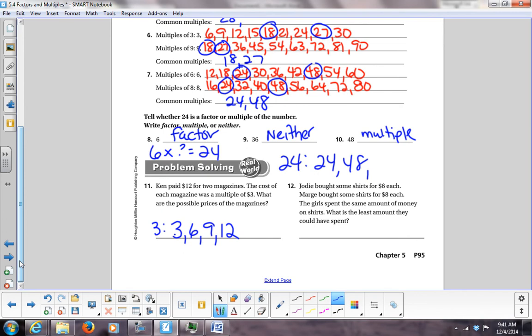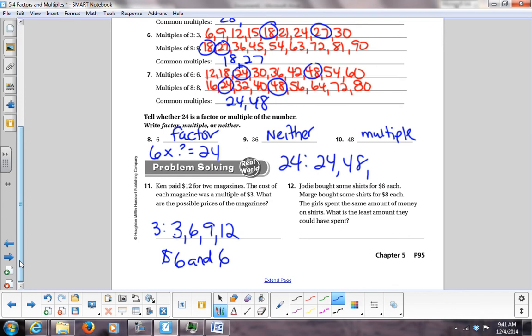So what are my possibilities that he paid? Abhishek. $4. $4 each? That would be $8. Does 8 match 12? No. Carolina. Yes. Okay, $6 each. So 6 and 6. That's not all though.